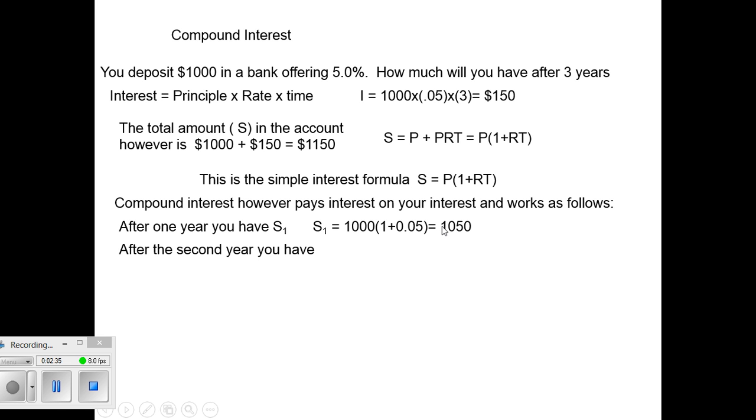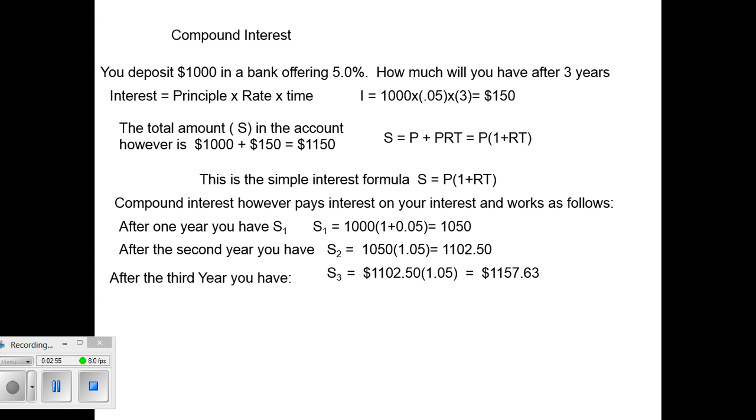But now after the second year, you're going to earn interest on that $50, or you should say we start out with 1,050 times the 1.05, so you have 1,102.50. Now after the third year, your start is 1,102.50 times 1.05, so that gives you 1,157.63. As you can see, it's slightly better, $7.63 better than the simple interest.